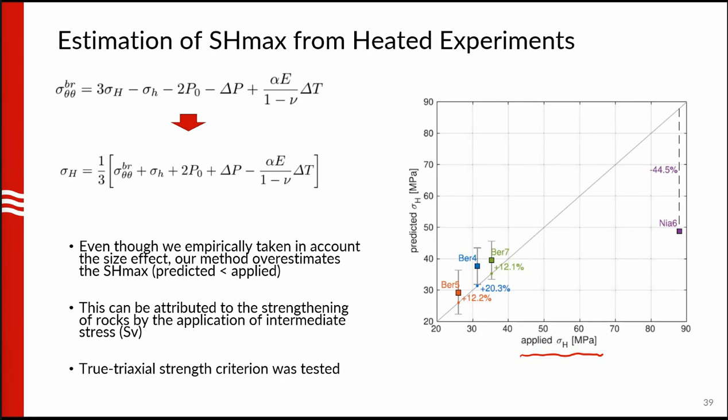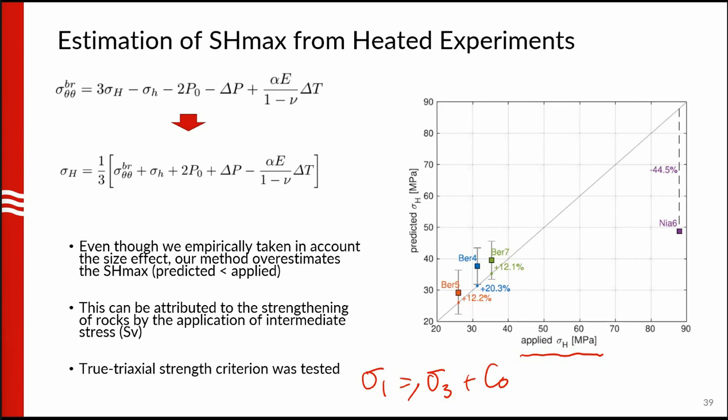But there is definitely a consistent trend of over prediction of the sigma Hmax compared to what is applied. All the details of why this occurs is a quite complicated discussion. But one of the things we think is crucial is the fact that we're just using a simple Mohr-Coulomb criterion. Mohr-Coulomb criterion is only a relationship between sigma 1 and sigma 3. Well, it's not friction coefficient.